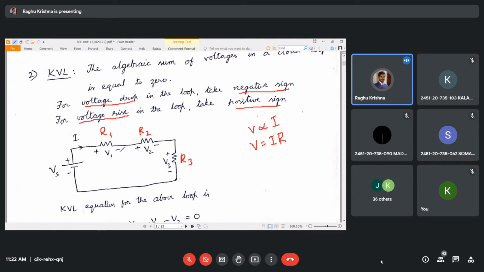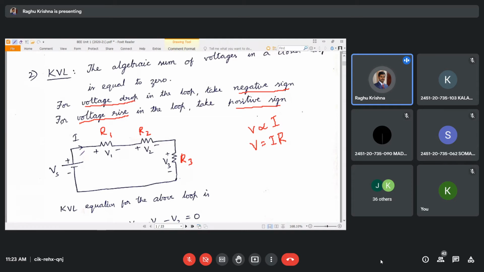Here you can see this voltage source, minus to plus, voltage rise; plus to minus, voltage drop. Again in this resistor also there will be a voltage drop, plus to minus. In this resistor also there is a voltage drop V3. So voltage drop is indicated with plus followed by minus.